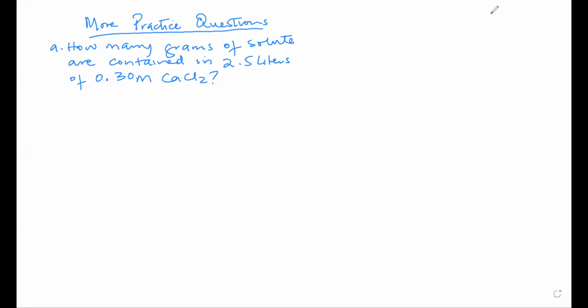Let's do the next one. How many grams of solute are contained in 2.5 liters of 0.30 molar calcium chloride? Again, how many grams? We will start with this because we know the liters and we know the molarity.